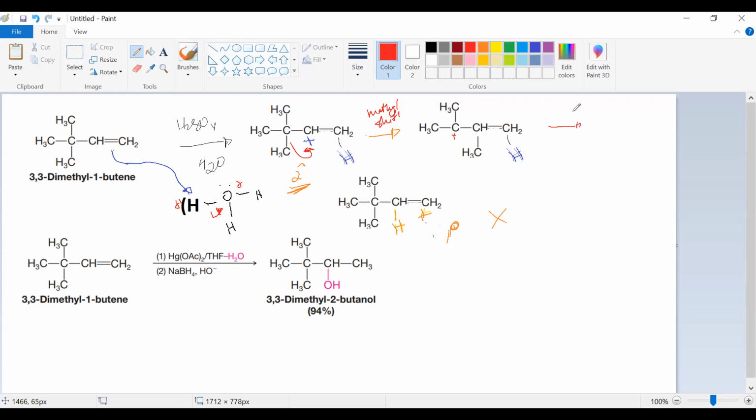You can now add water. What happens? You'll get your water.